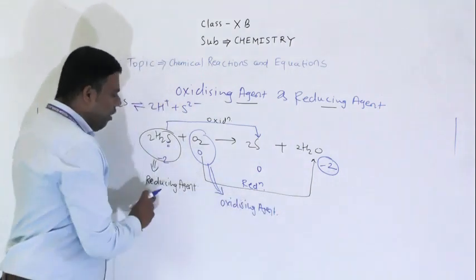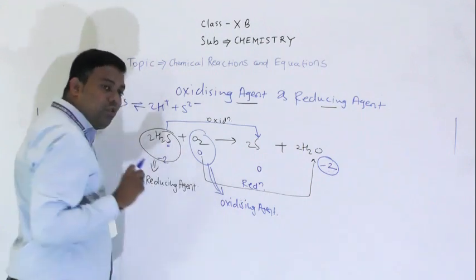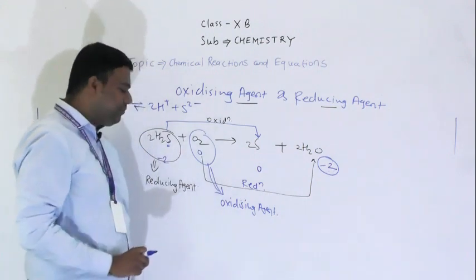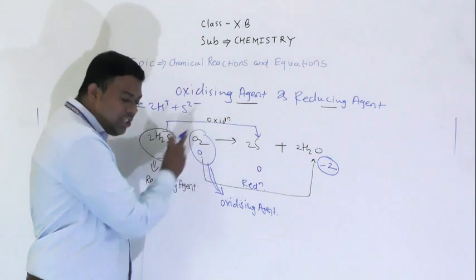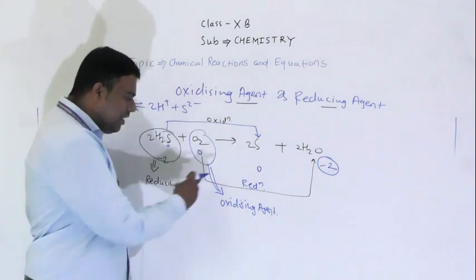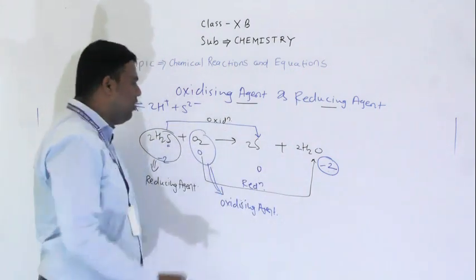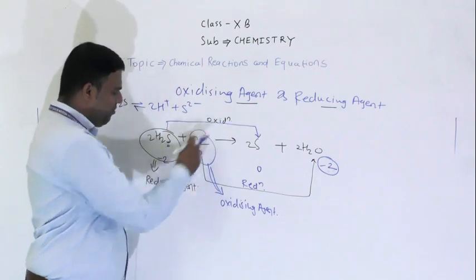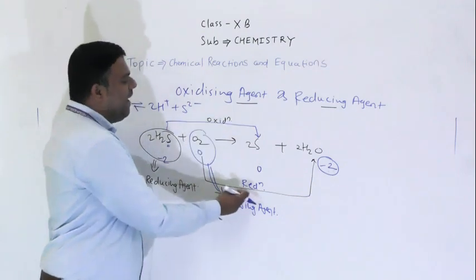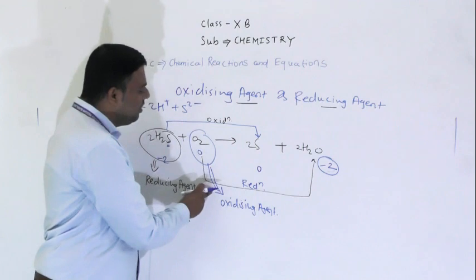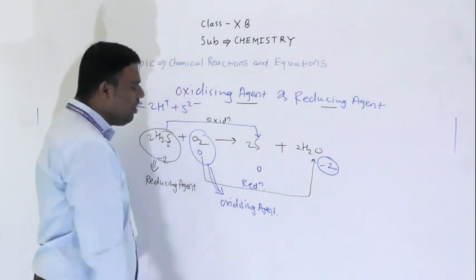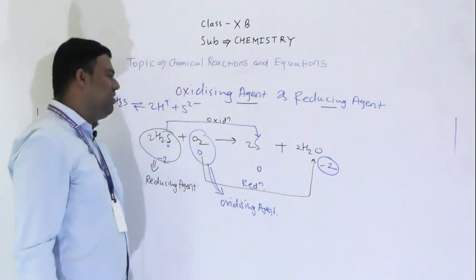So keep in mind: increase in oxidation number is oxidation, decrease is reduction. Whichever is oxidized is the reducing agent, and whichever is reduced is the oxidizing agent.